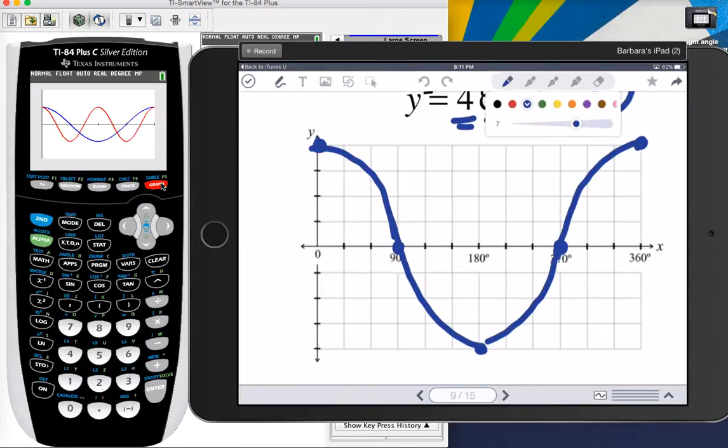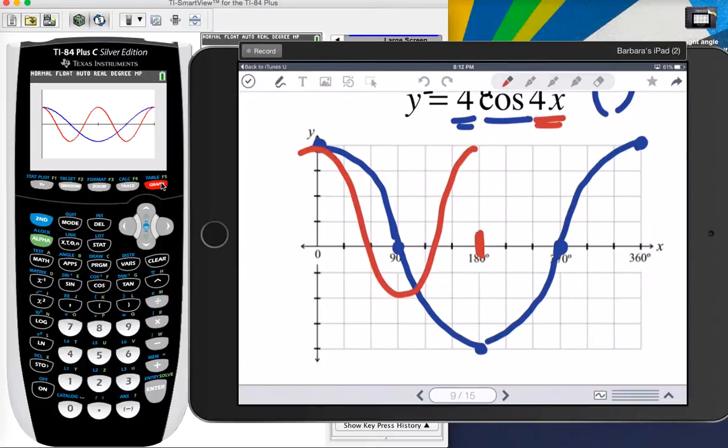But now we also have this 4 in the x, so that means that all of this is going to happen 4 times as fast. Well, at 180, we would be able to have 2 rotations. So now we're going to have to do it in a quarter, which is 90. So we will need to do a full rotation in this space here. So I'm still going to start at 4 and I'm going to end at 4. But midway through, I'm going to be at -4 and those points in between.